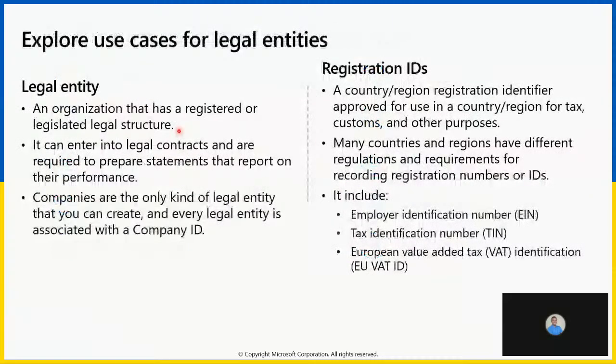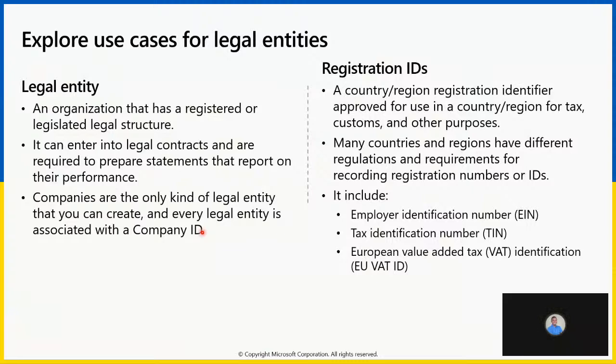Legal entities. So legal entities, an organization that's a registered or legal structure. It can enter into legal contracts and is required to prepare statements that report on its performance. Legal entities can also be companies, which are the only kind of legal entity that you can create, and every legal entity is associated with a company ID.